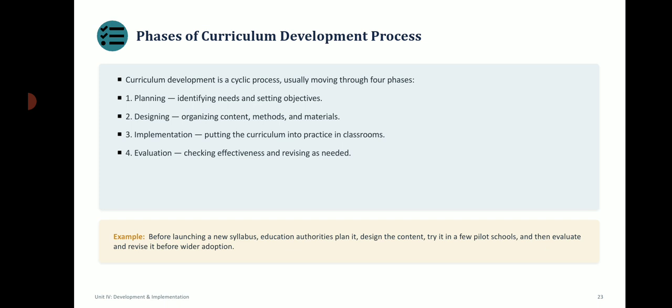So first you diagnose the need, then you set the objectives, then you select the topic, then organize it in sequential order, concrete to abstract, simple to complex, known to unknown, immediate to remote, easy to difficult.